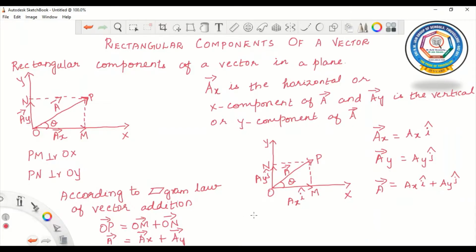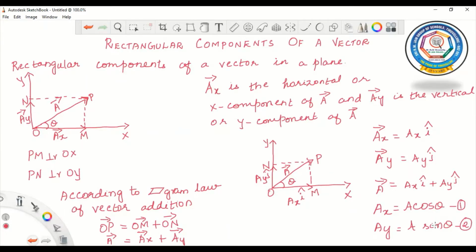Now, let us consider if A vector makes an angle theta with the x-axis, then we can write AX is equal to A cos theta, and similarly AY is equal to A sin theta. Okay. So this is one equation and this will be the other.